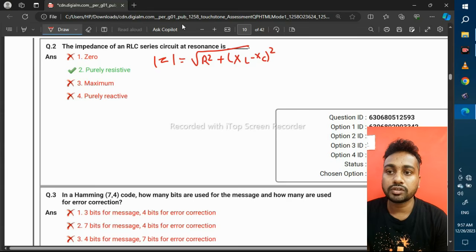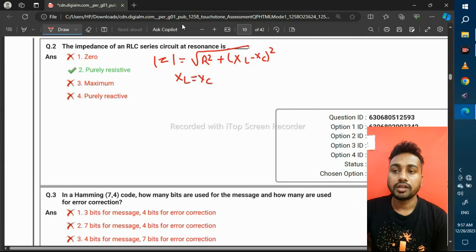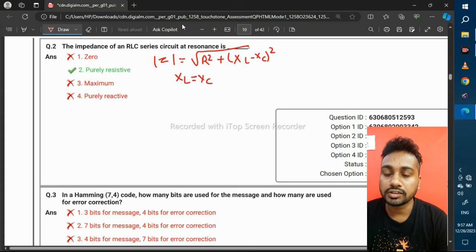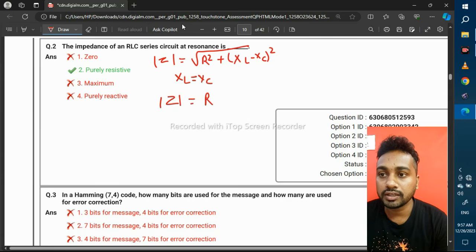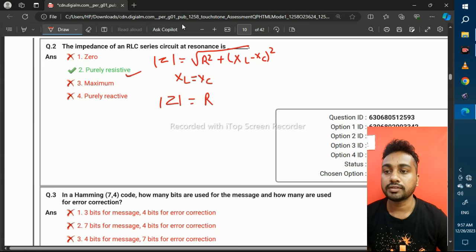At resonance, XL equals XC. When it is in resonance, then Z equals R. So it is purely resistive. So option 2 is right.